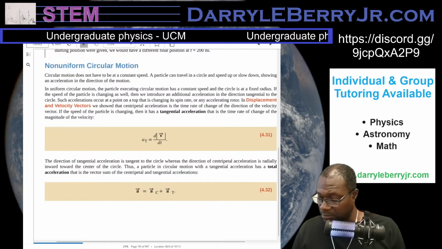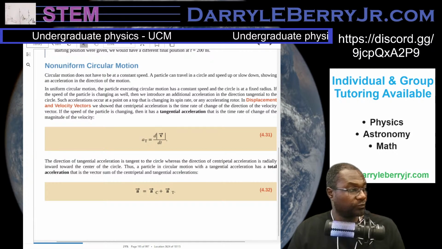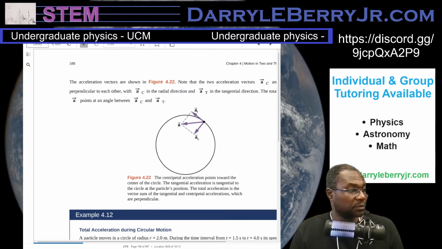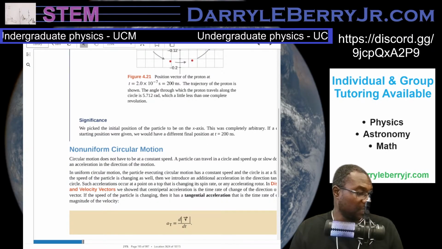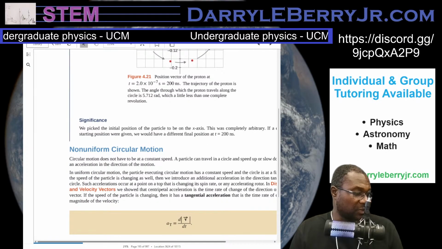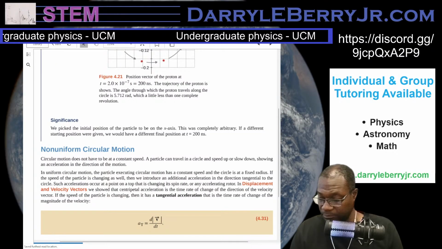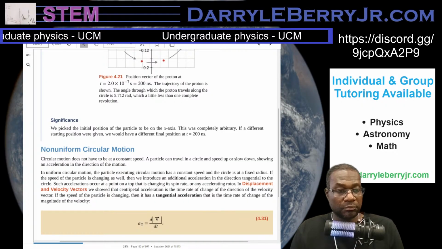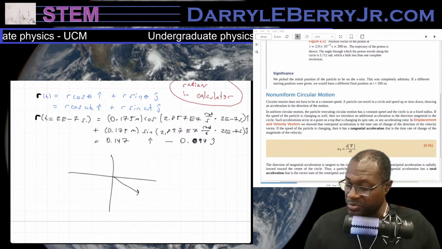Okay, here we go. What do they say about non-uniform though? Let's see what they're talking about, because I do say that we're getting the acceleration or something going around in a circle. So let's see what they say. It says non-uniform circular motion.